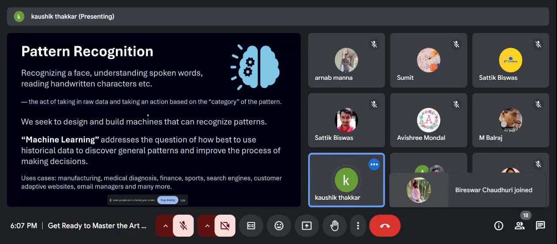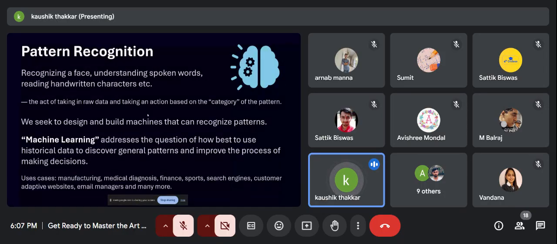We have email managers, thanks to which we are not flooded with spam emails, because they classify emails as spam or not spam pretty effectively. And there are many more examples like that. These are all use cases of pattern recognition. In today's seminar, we will deep dive into a few algorithms of how machines are able to do this by using a bit of maths and statistics.